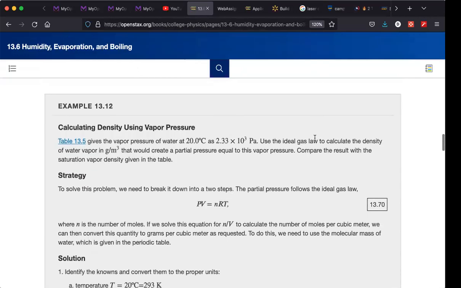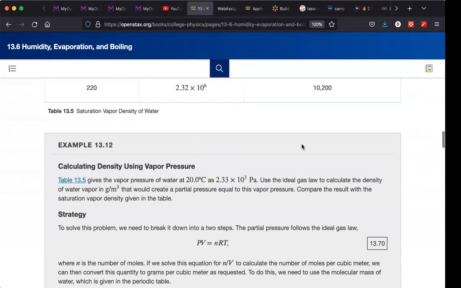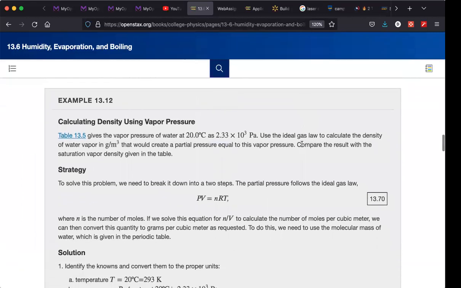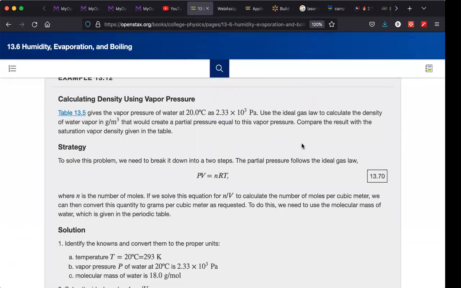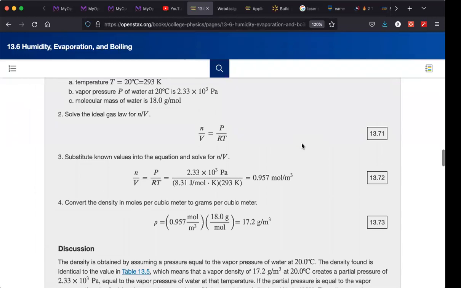So that's how they calculate what they call the relative humidity, I guess. So here they talk about partial pressure being equal to vapor pressure, and they actually calculate the partial pressure.